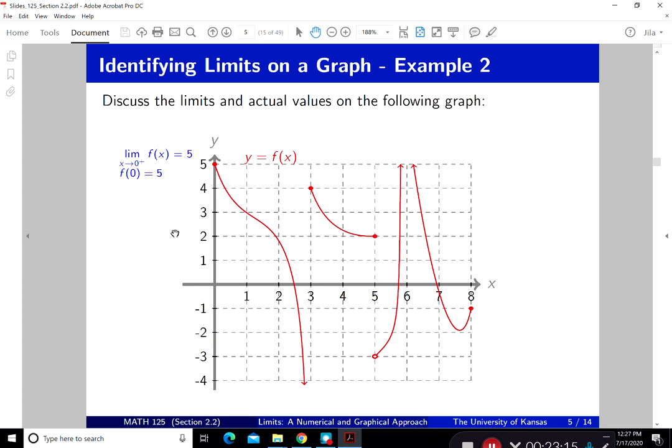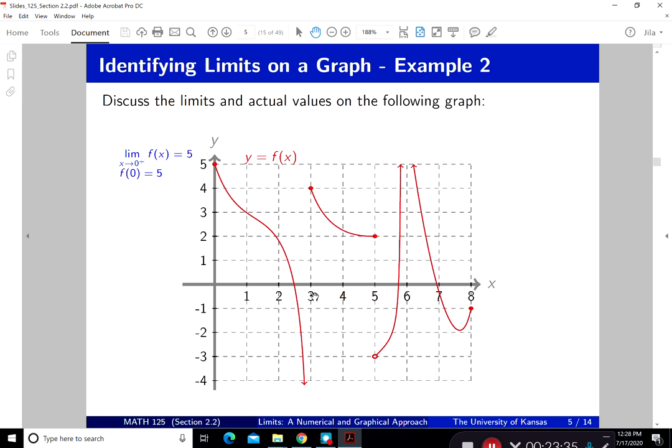There's only the right side, and that y value is approaching 5. So the prediction of the function is 5 for the y value as x approaches 0. And incidentally, there's a full point in there, therefore f of 0 is also equal to 5.